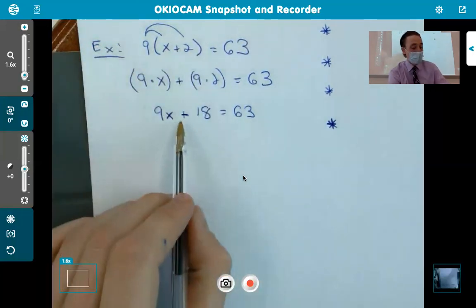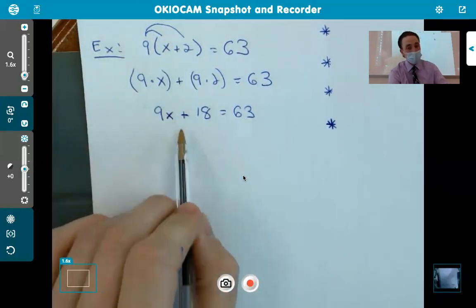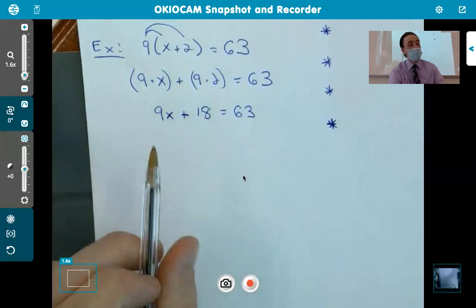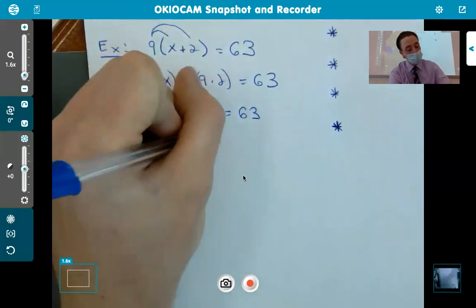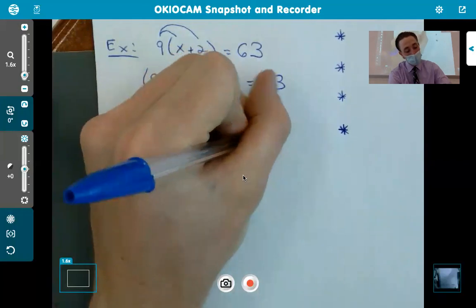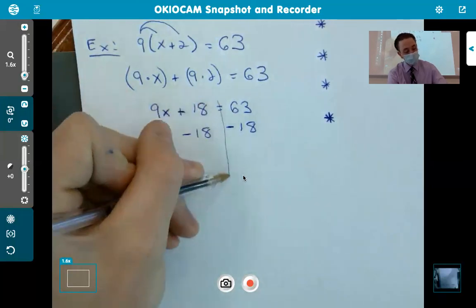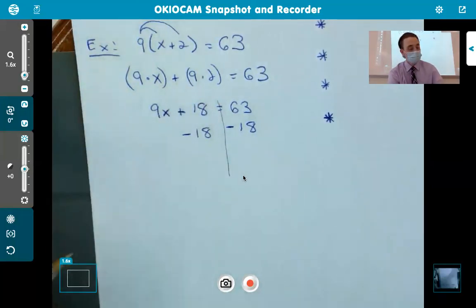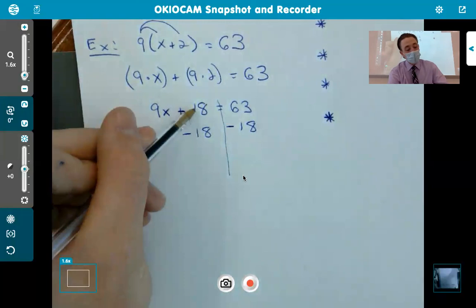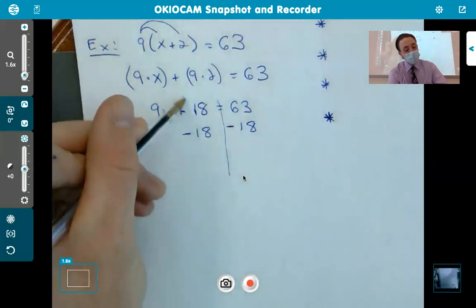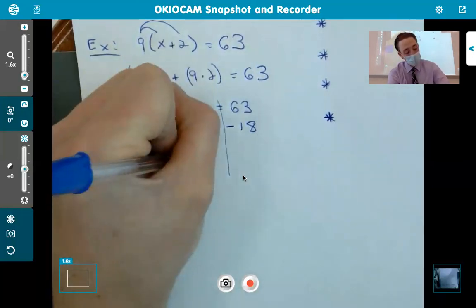And I do that by, if this is positive 18, subtracting 18 from both sides, right? Because I'm trying to get rid of it on the left-hand side by making it 0. But whatever I do to one side, I have to do to the other, right?